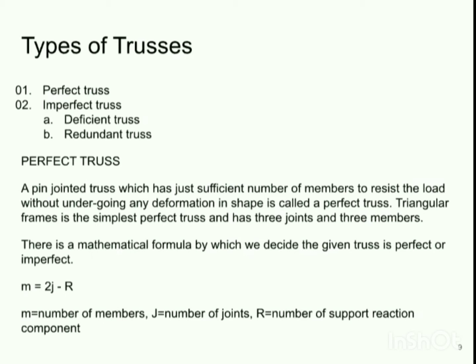But how to identify whether the truss is a perfect or imperfect truss? There is a mathematical formula available for deciding whether the truss is perfect or imperfect, and that is m equal to 2j minus r, where m stands for the number of members in a truss, j stands for the number of joints, r is the number of support reaction components available for analyzing the truss.